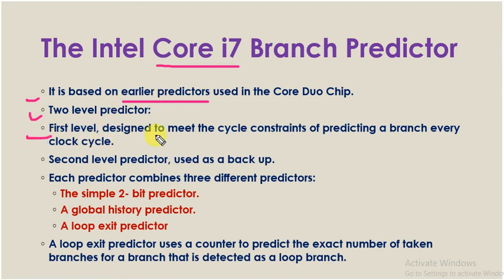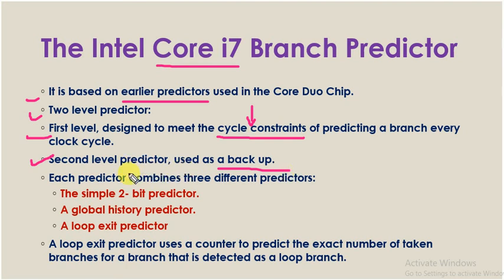The first level is designed to meet the cycle constraints of predicting a branch every clock cycle. So it is trying to predict the behavior of a branch on every clock cycle. So there will be cycle constraints in the first level, and the second level is used as a backup for the prediction that we are getting for the current branch.